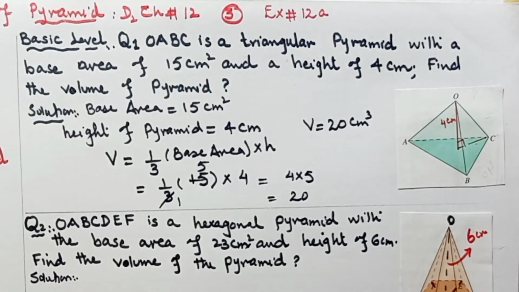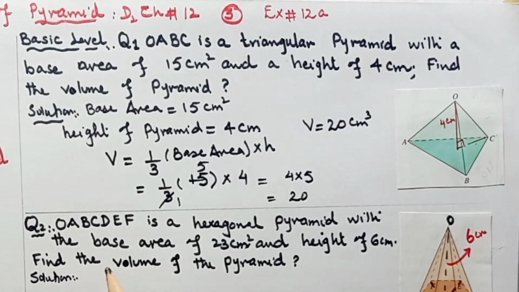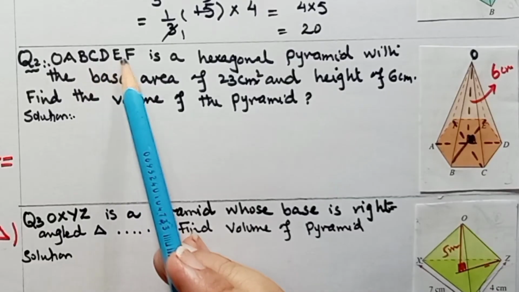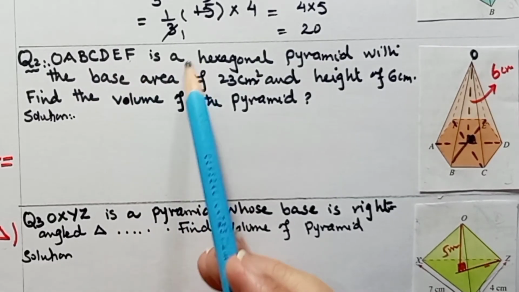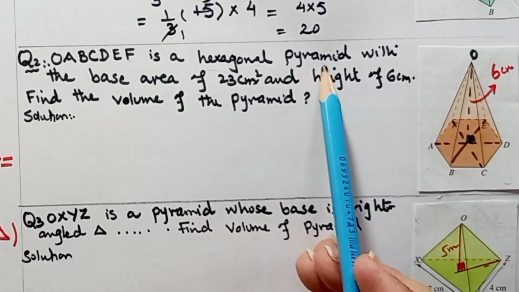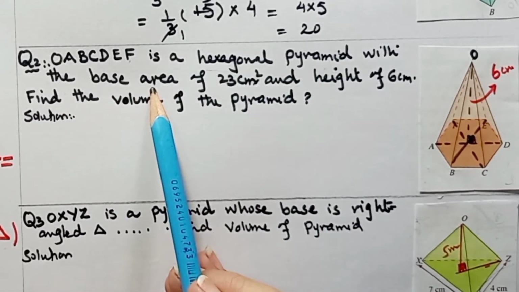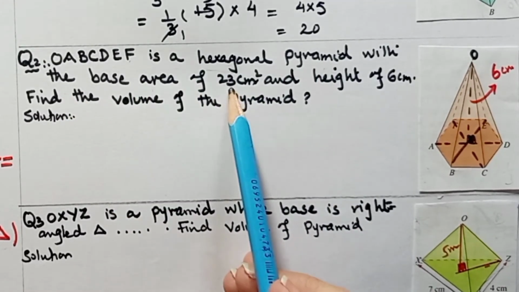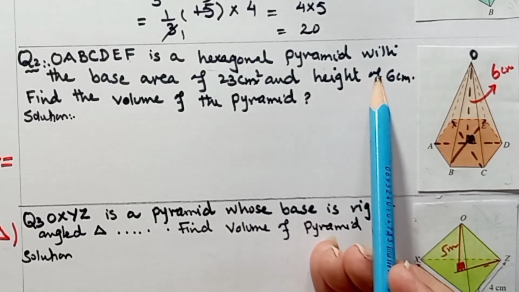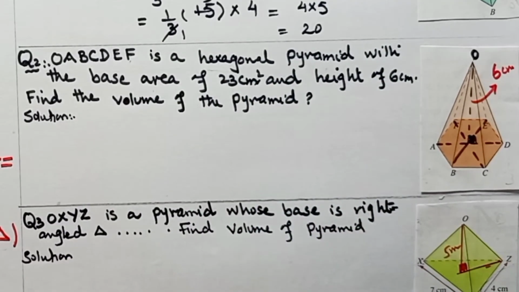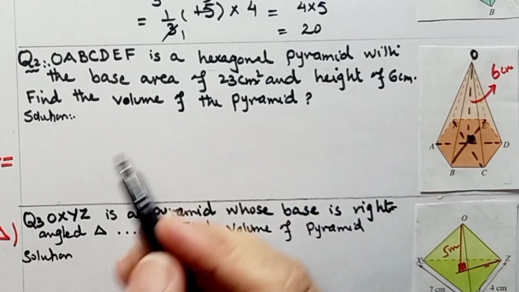If the formula is clear, then the question will really be easy for you. OABCDEF is a hexagonal pyramid with the base area 23 centimeters square and height 6 centimeters. Find the volume of pyramid. Very easy question, and it's similar to the previous question.